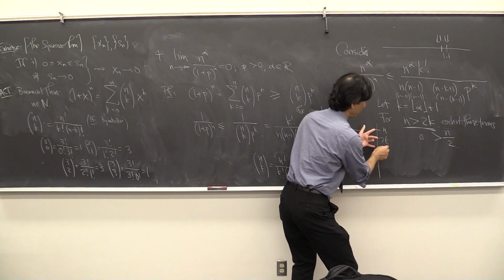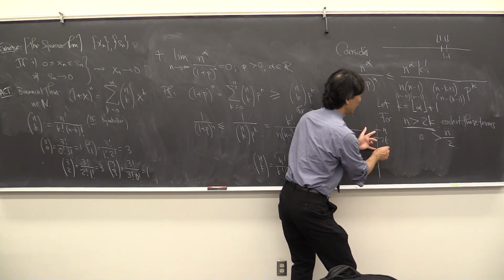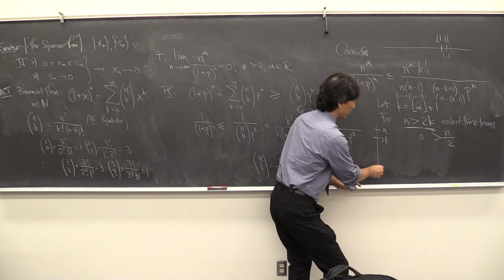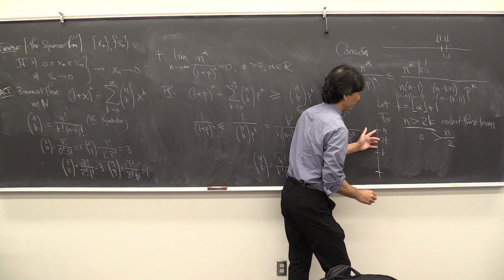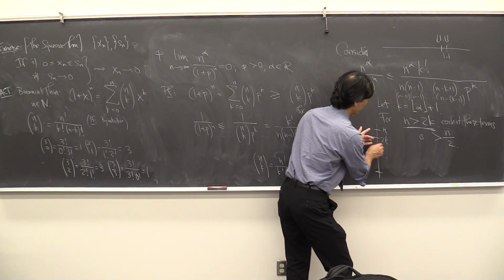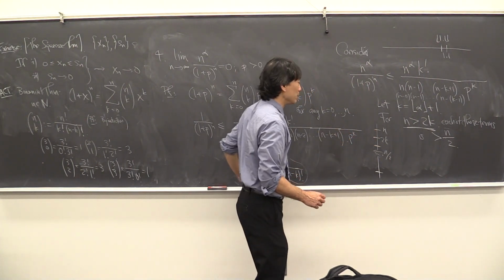at most k minus 1, so we're going to be bigger than n over 2. Okay, I hope that makes sense.